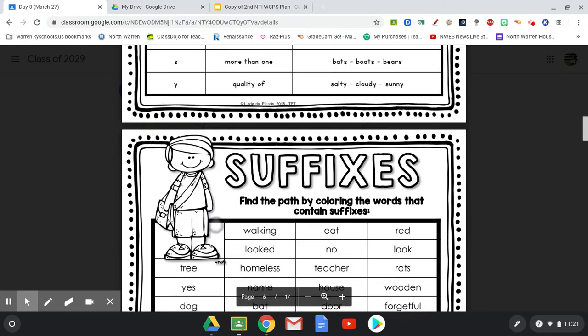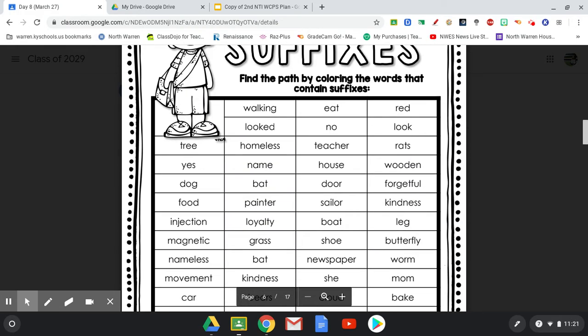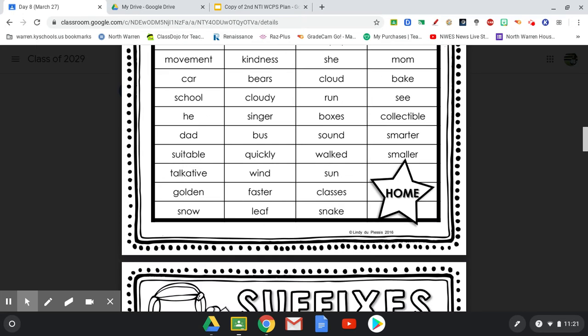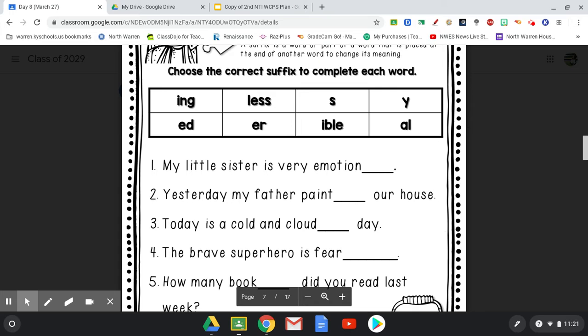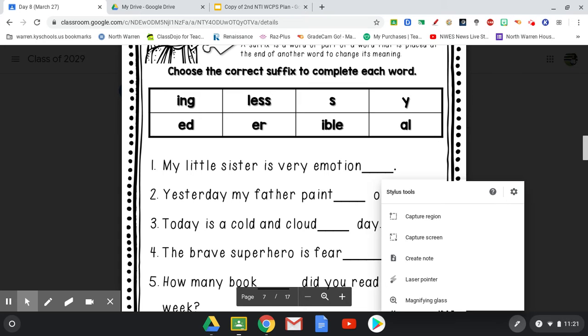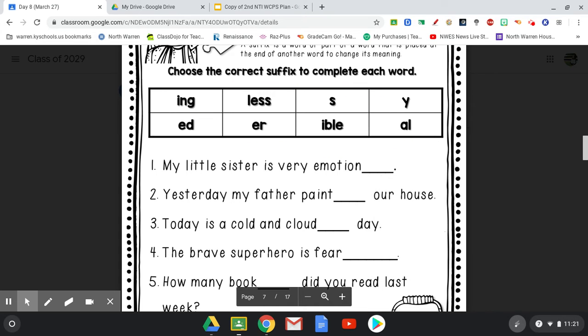Here's another chart. And then what you're going to do is you're going to color words that contain suffixes at the end of it, okay? So you're creating like a maze. You're trying to get down here to the bottom. And then up here you have a chart of suffixes. And you are going to choose a suffix from here to put at the end of this word.